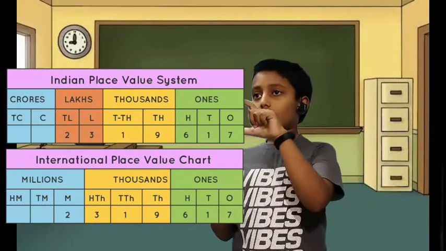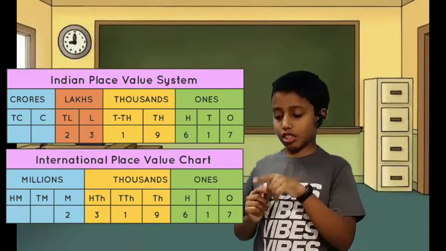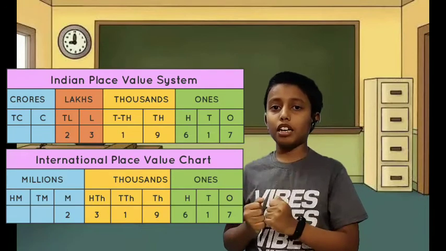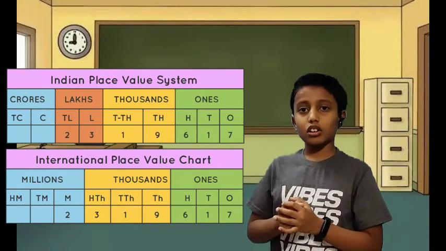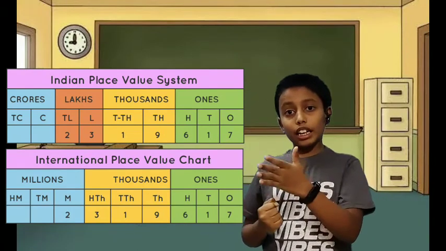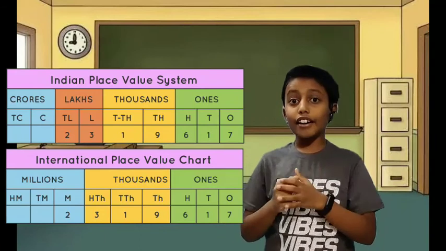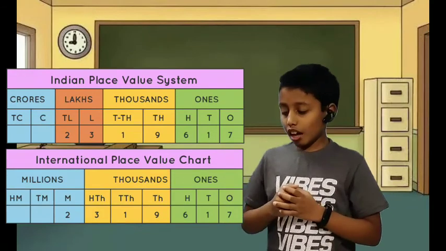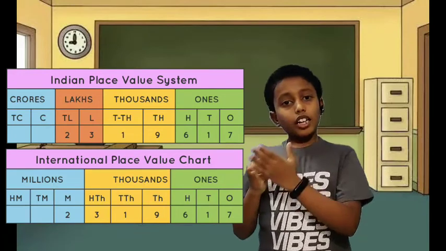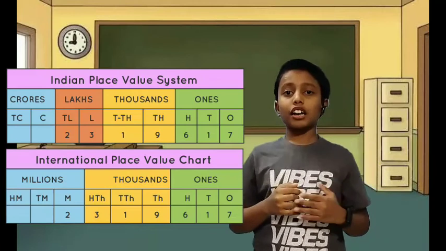Next, 10 million means the next table, which is crores, and it will move on to 100 million. Then after million it will go to billion. Billion means 100 crores. It goes on like this. Hope you understood large numbers.